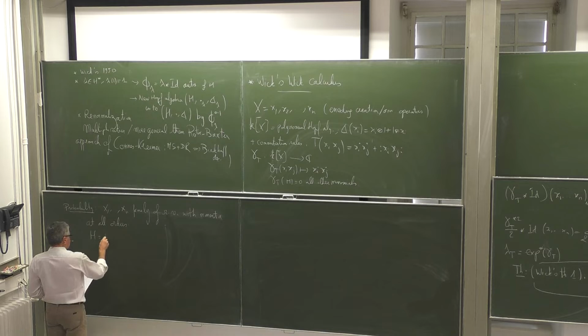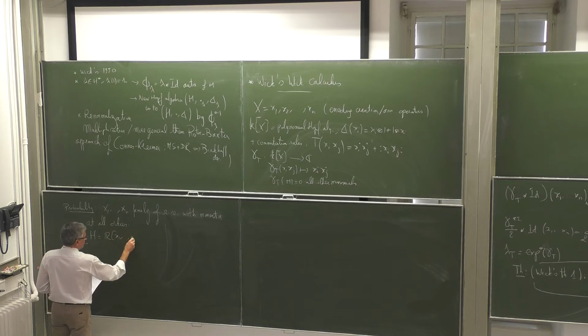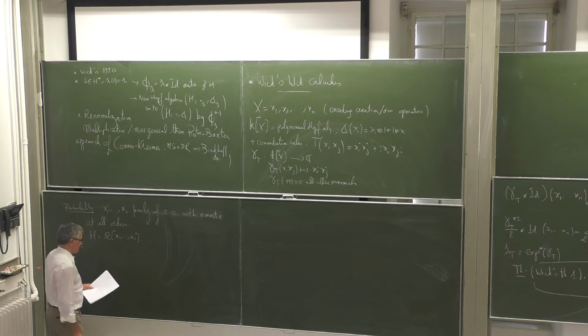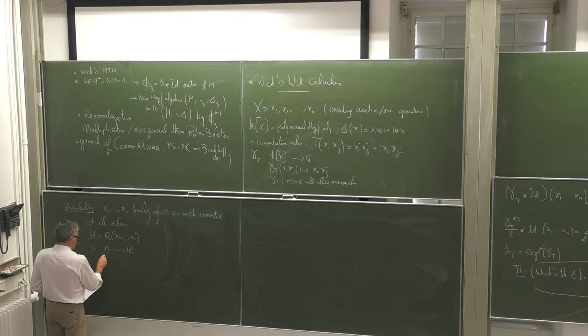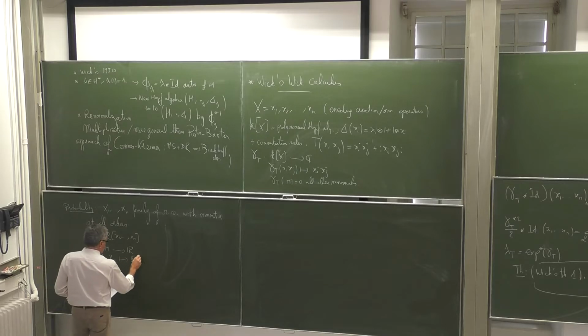We consider again the algebra of polynomials over formal variables that we associate to the x's, and we define the moment map from H to R by sending, say, a monomial x_{i1}...x_{ik} to the expectation of the product of the corresponding random variables.